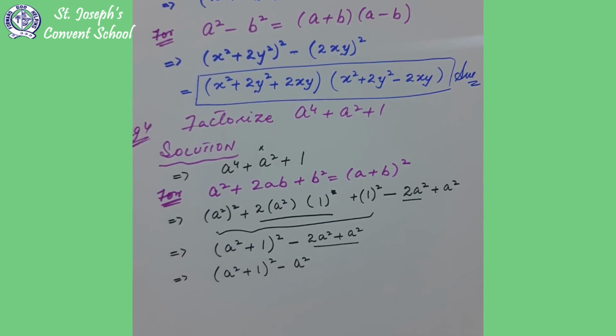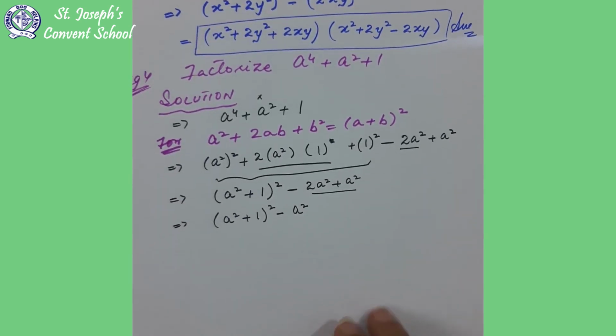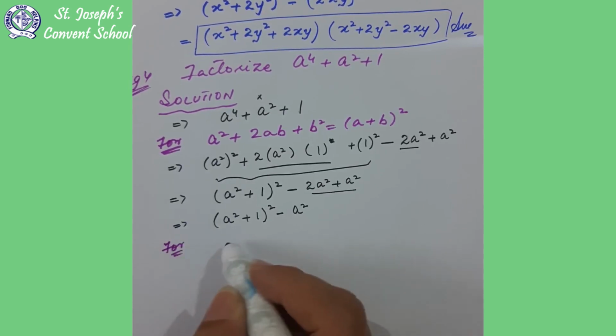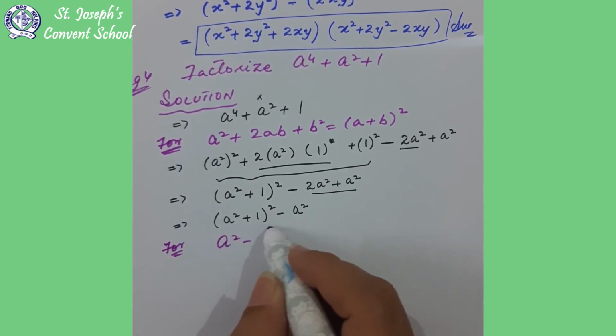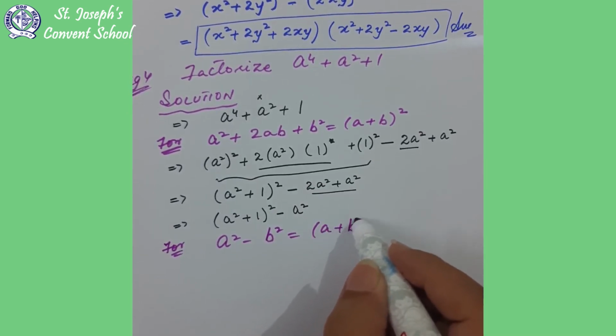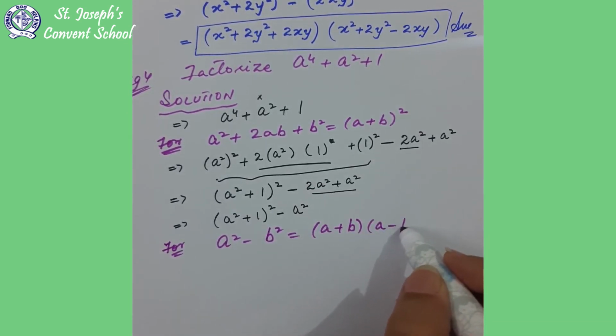We are going to apply the second formula. Write down the formula. According to the formula, a square minus b square equals a plus b and a minus b. So apply the formula.